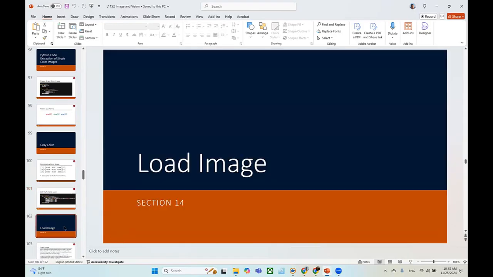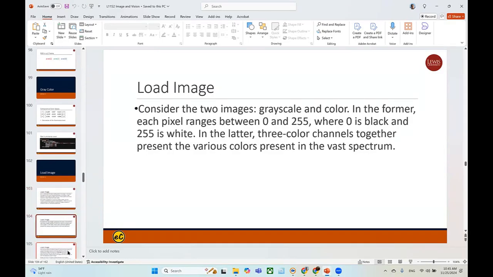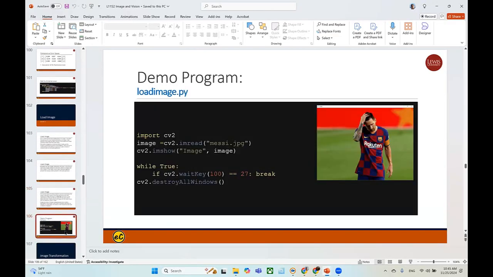Then there's a mathematical model. And what is the image load function in OpenCV? I do have this image loading program to take a picture of the soccer players.